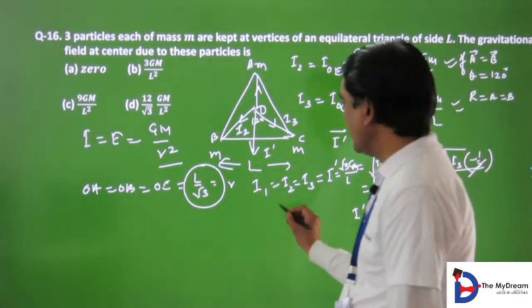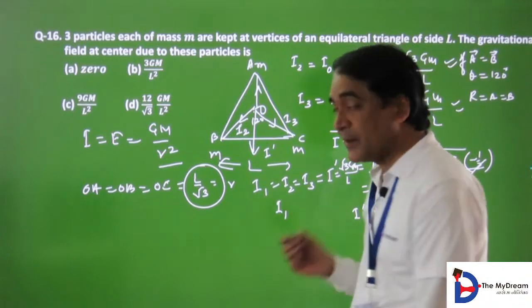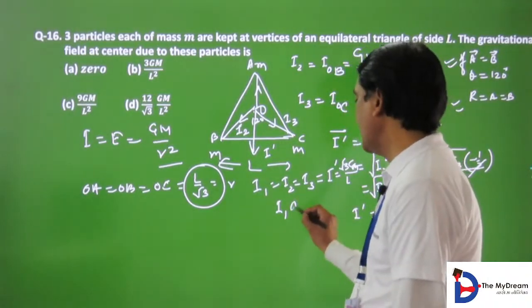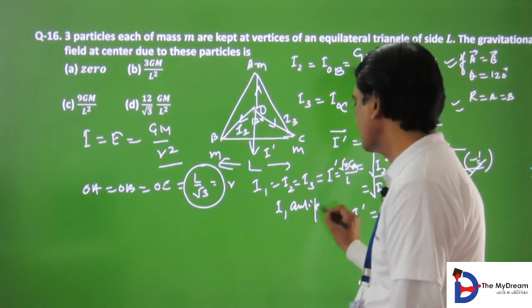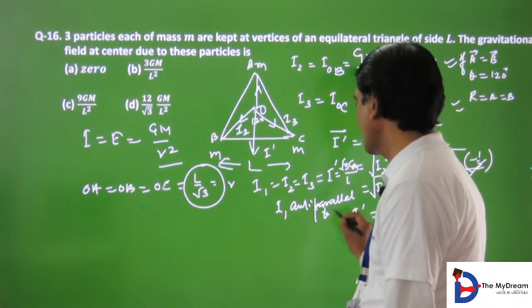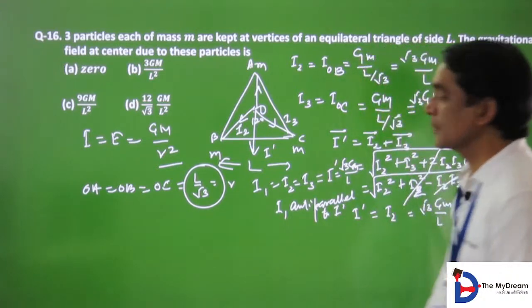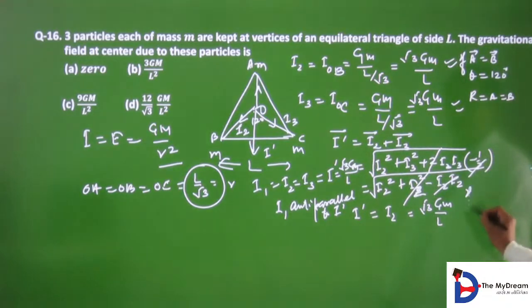And I1 is anti-parallel to I dash. If vector A is equal to B and theta is 180, then you will get A minus B. Got it?